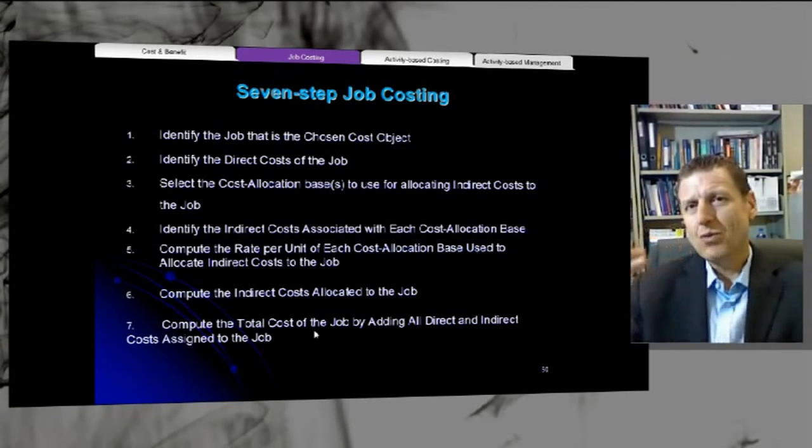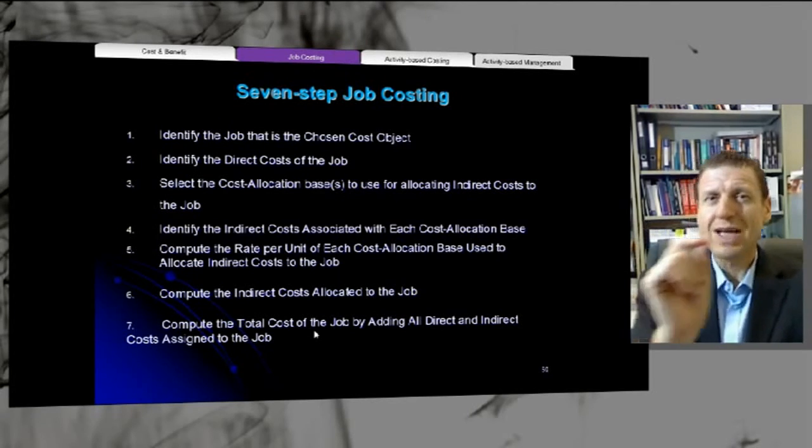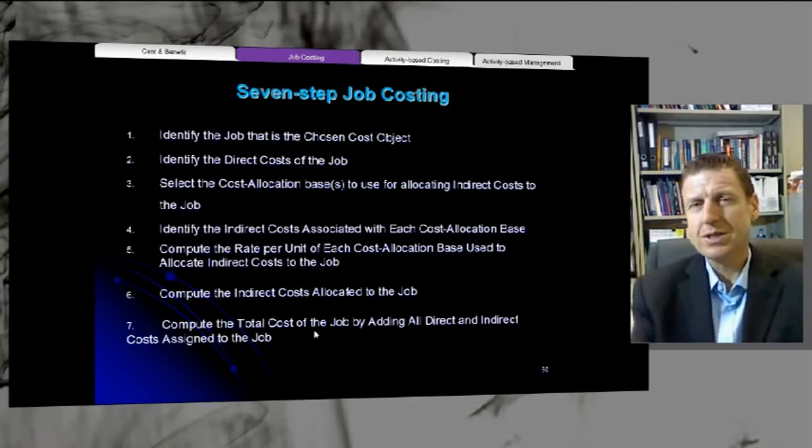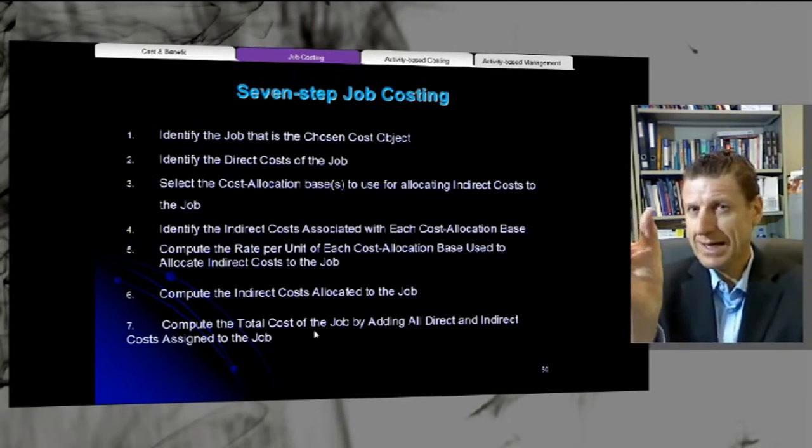But what's important now is to think about the cause and effect. What causes a cost to occur? You cannot make an iPhone if you don't have a machine. So the investment in the machine causes an iPhone to be made. But the big problem here with indirect costs is how do we allocate a machine to the iPhone?